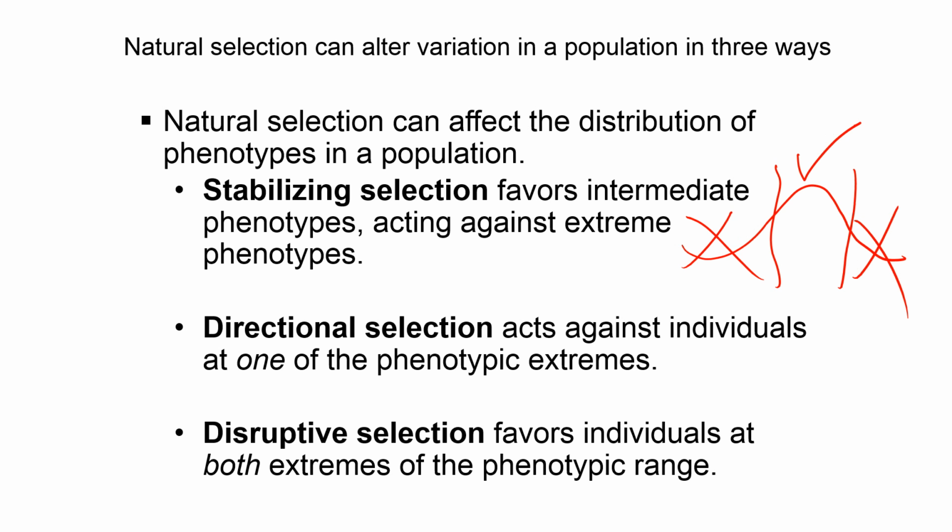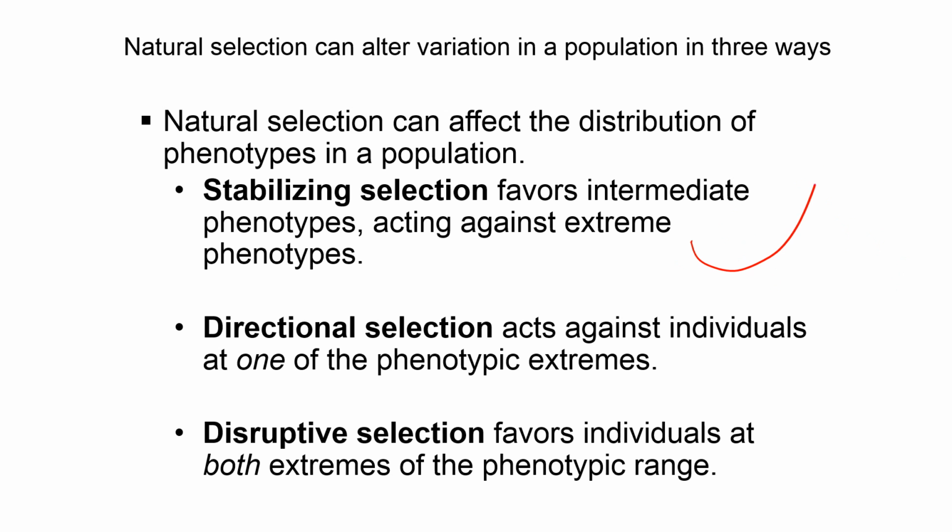Directional selection: individuals at one of the extremes of your bell-shaped curve are selected for. All the others are eliminated or selected against.